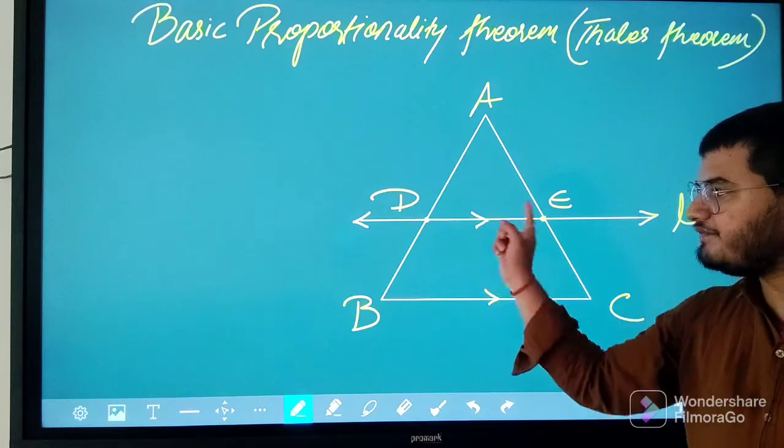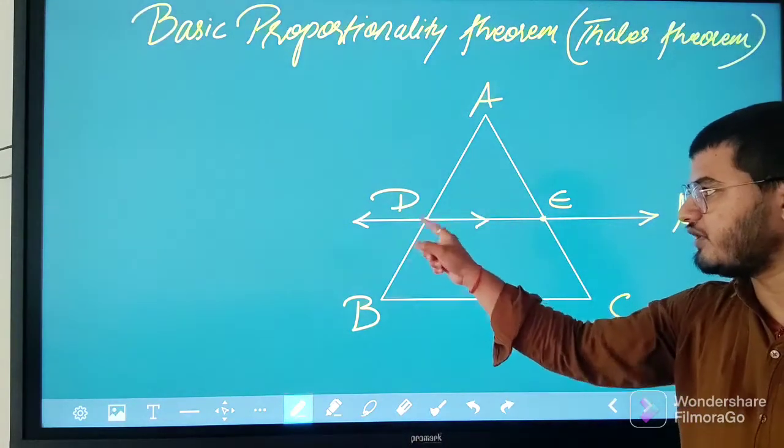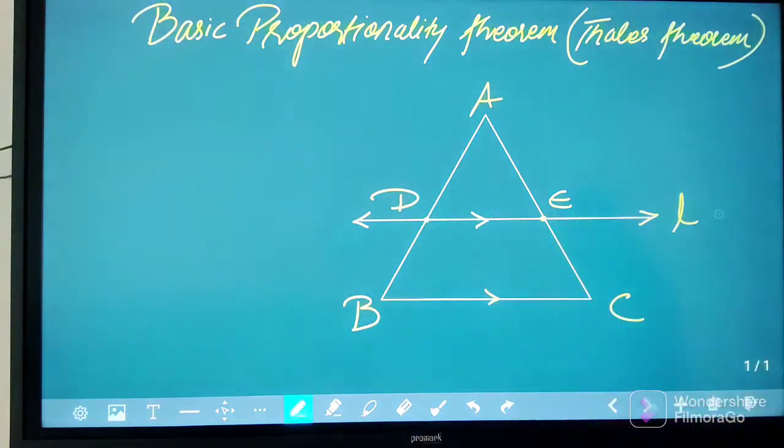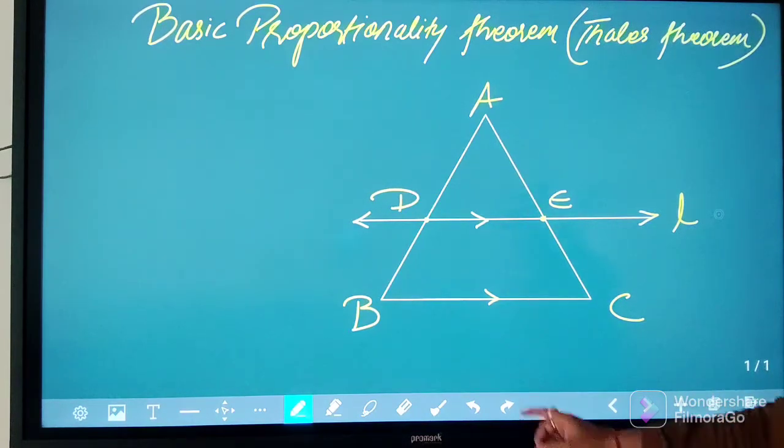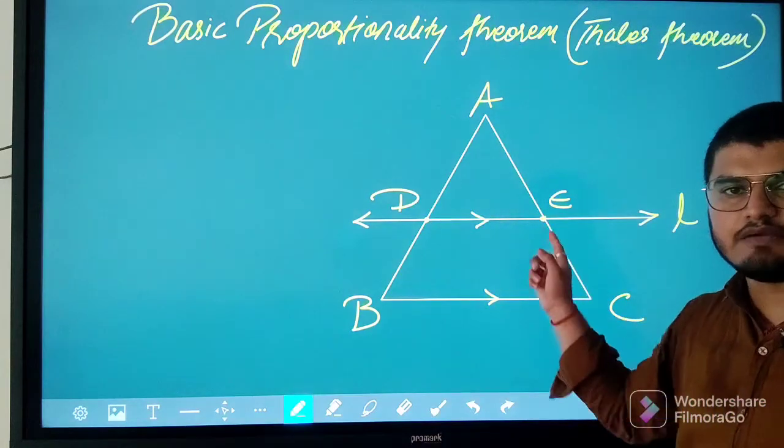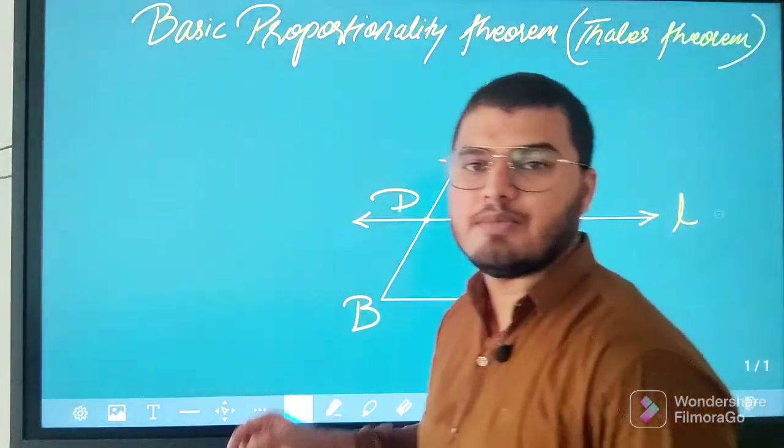Distinct means different points, two different points. Here is one point and here is another point. Then these two sides are divided in the same ratio.